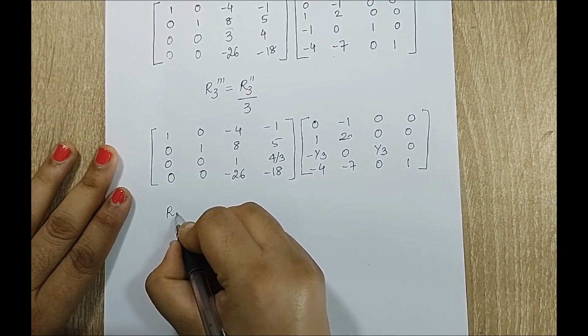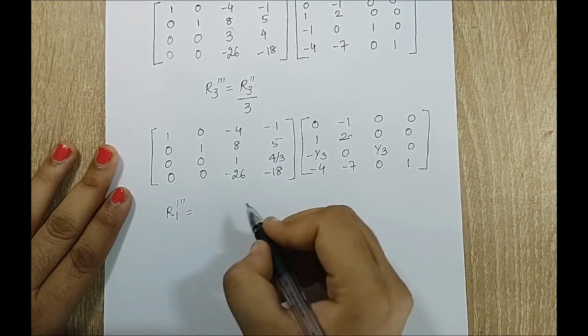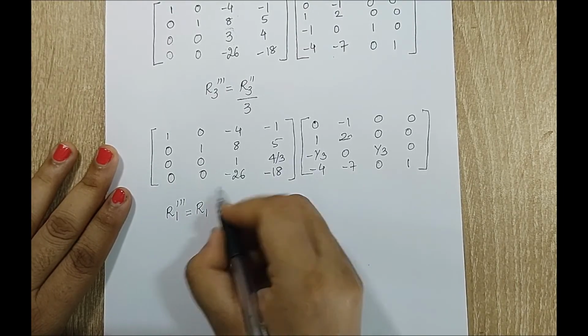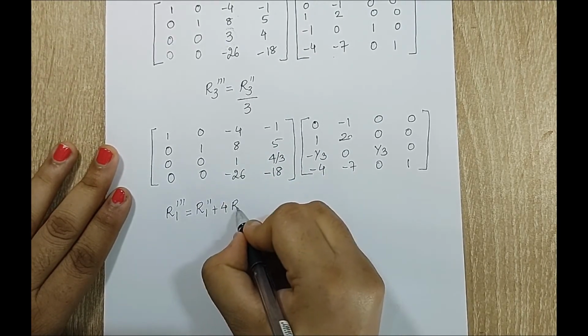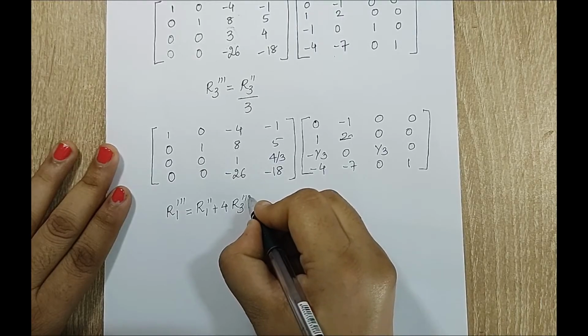So I will have R1''' will be R1'' plus 4 times R3'''.